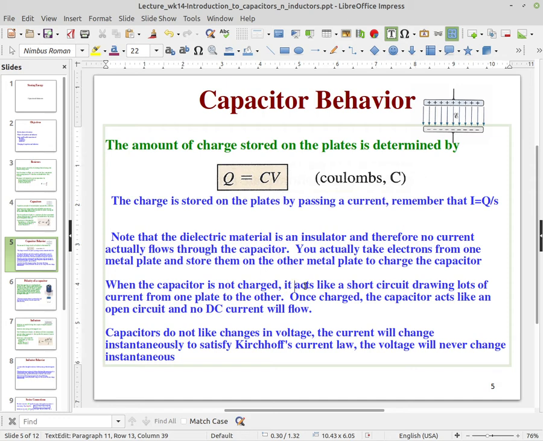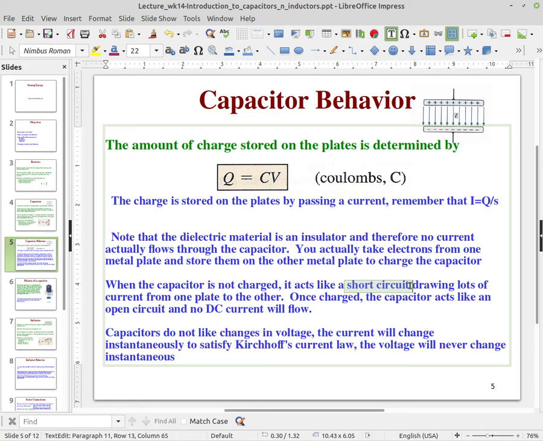So when you first hook up that voltage source, the capacitor almost looks like a short circuit, drawing a lot of current. This is one thing, like when we turn on our TVs or DVD players and things like that, there's always a current surge, and this is at least in part because these capacitors need to be charged up.